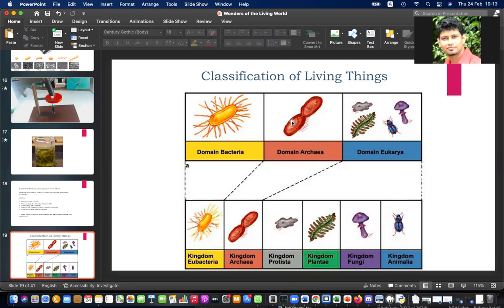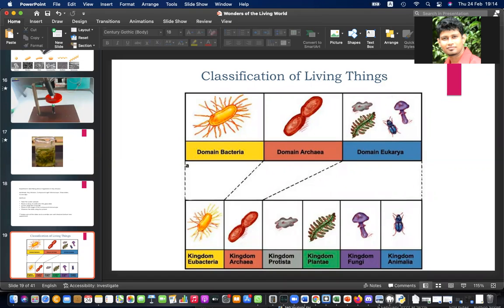You can call it Archaeobacteria. It looks like a bacteria, but it is a different organism. Then you have Eukarya. The Eukarya domain has a lot of sub kingdoms: kingdom Protista, kingdom Plantae, kingdom Fungi, and kingdom Animalia.